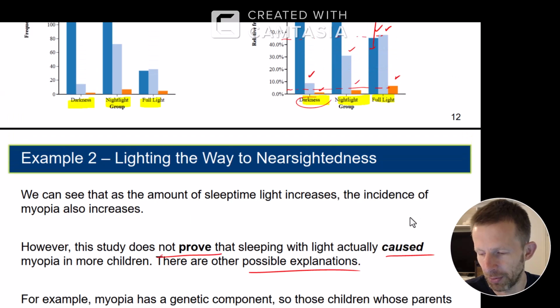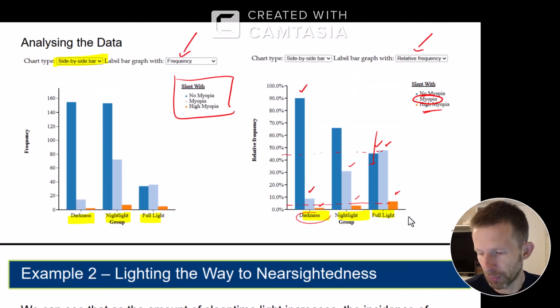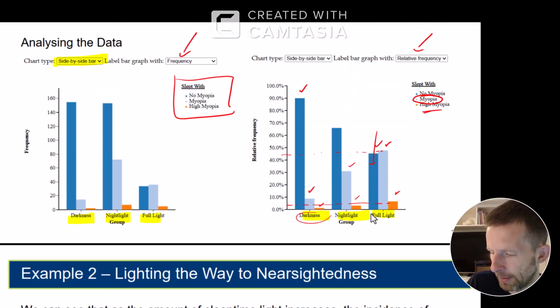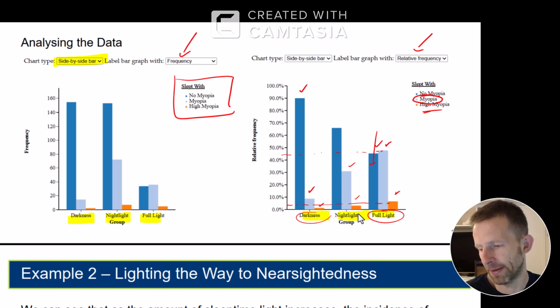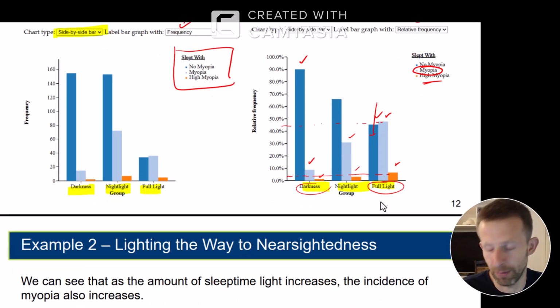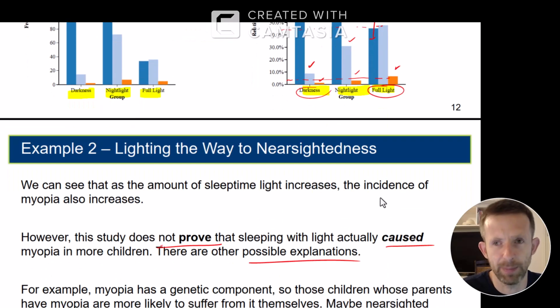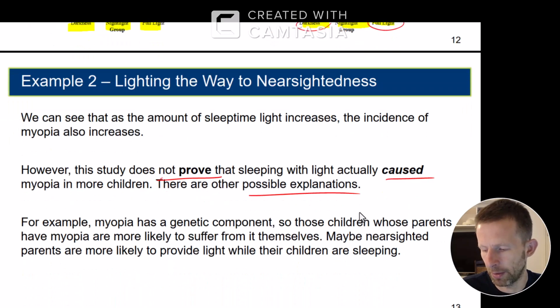If we wanted to actually prove that sleeping in a room with full light causes a higher incidence of myopia, then this would be, I think, a fairly unethical experiment, but if we set up an experiment to do it, then we could actually say that one thing causes the other, like the amount of light caused myopia.